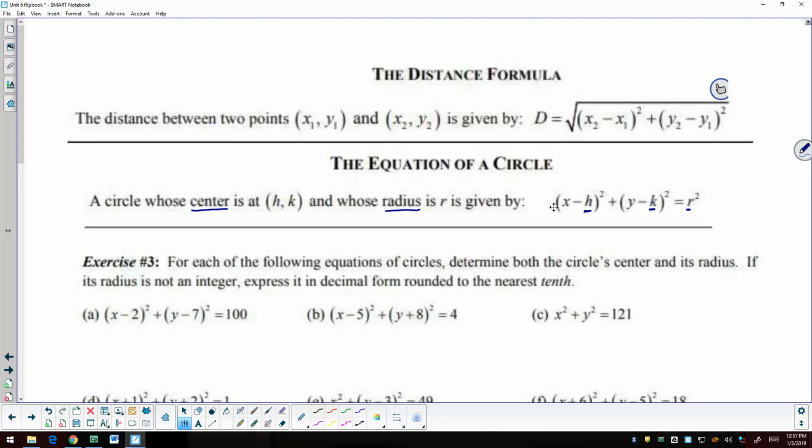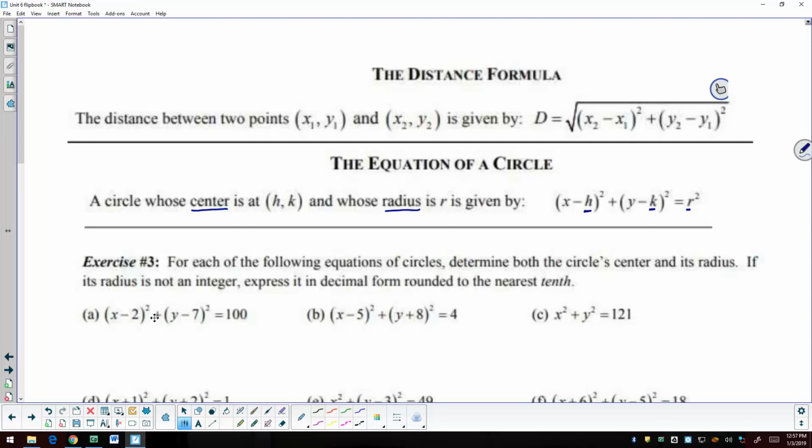Now notice the equation is always x minus the x coordinate of your center and y minus the y coordinate. So if the coordinate is negative, when you plug in a negative, that's really a positive. You just have to remember the trick that the signs of the coordinates look opposite of what they really are when they get plugged into the equation.